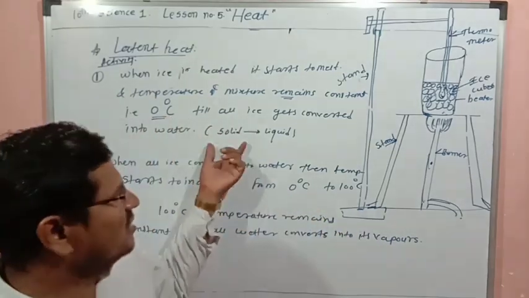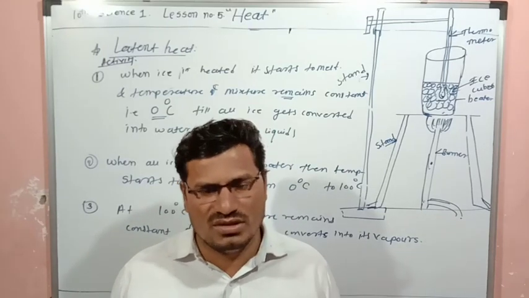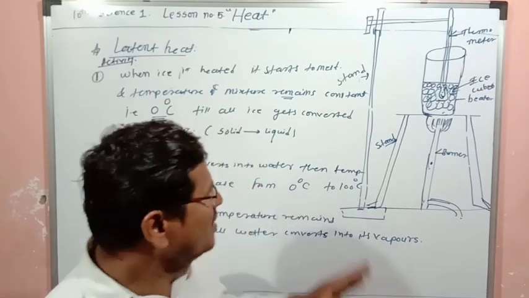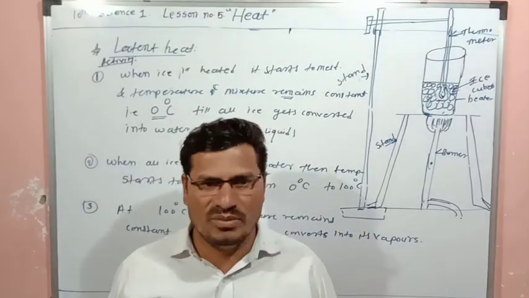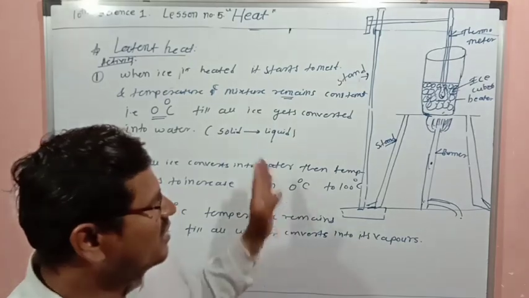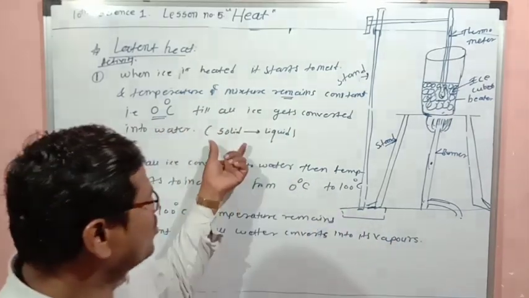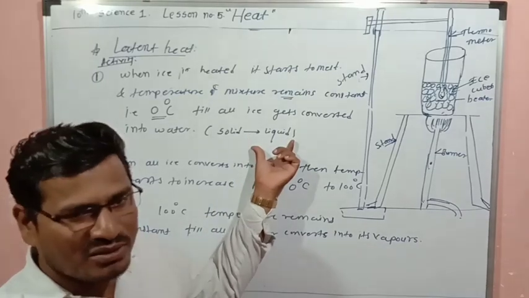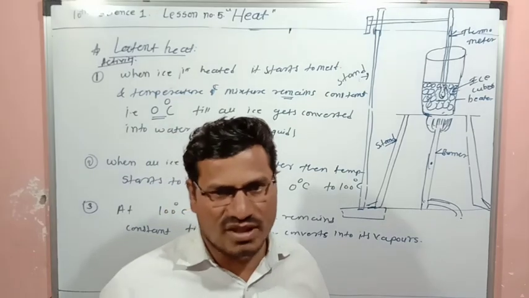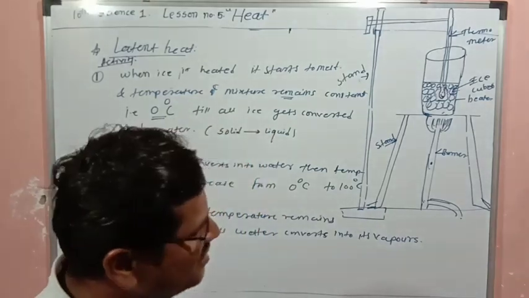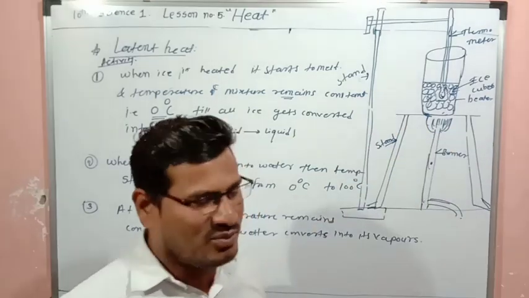The heat absorbed at constant temperature to convert solid into liquid is called the latent heat of fusion. That concept we'll see, but before that we'll study the graph.